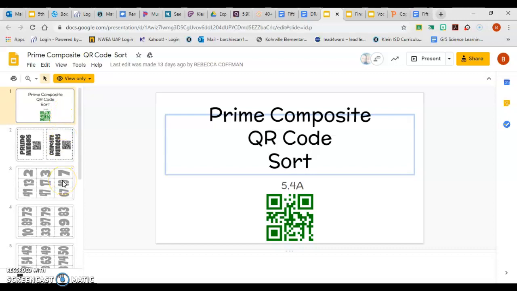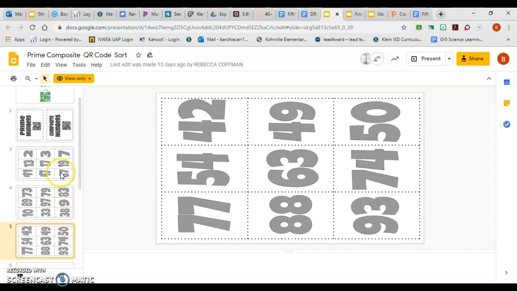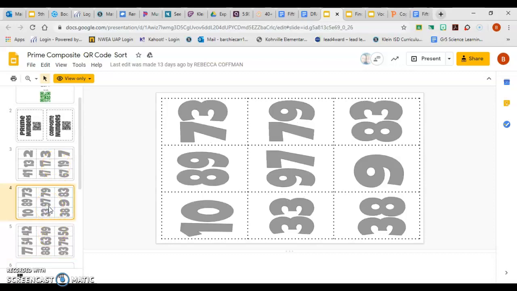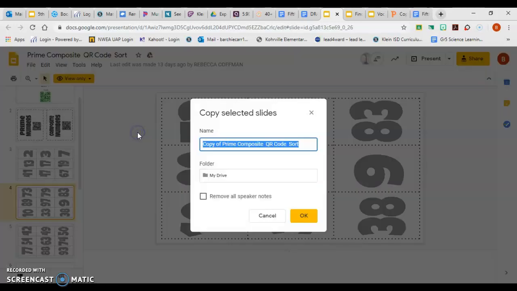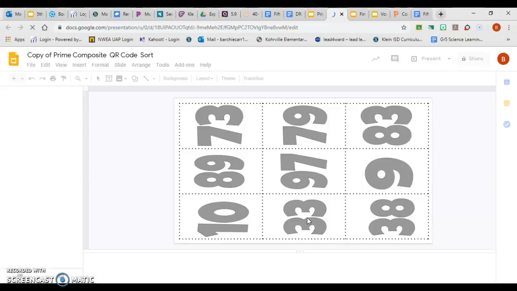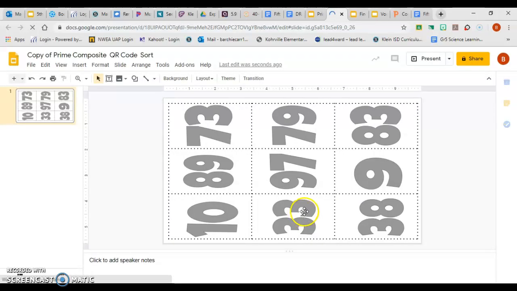All right, but because this is, as you can see, 3 pages long, 27 different numbers, you don't need all 3 of these. I want you to pick one of the pages. So let's say I pick page 4, then I'm going to come over here, click File, make a copy of the selected slide only. Because you don't need to do 27 numbers to know whether or not you can do prime or composite.